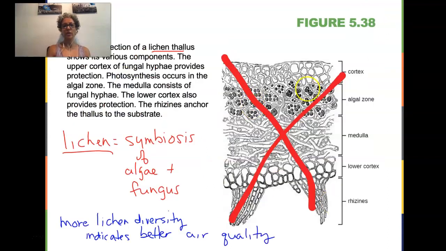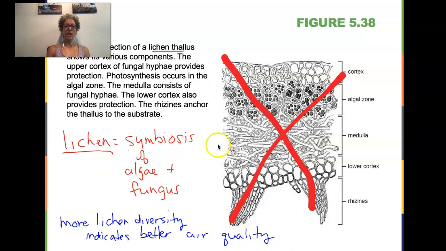I have a big X on this because you don't need to memorize the structure of lichen. But lichen is not a single organism. Lichen is a symbiosis of algae and fungus. So the algae are photosynthetic, so they can harvest sunlight and create the carbohydrates that the fungus needs to eat because fungi cannot photosynthesize.